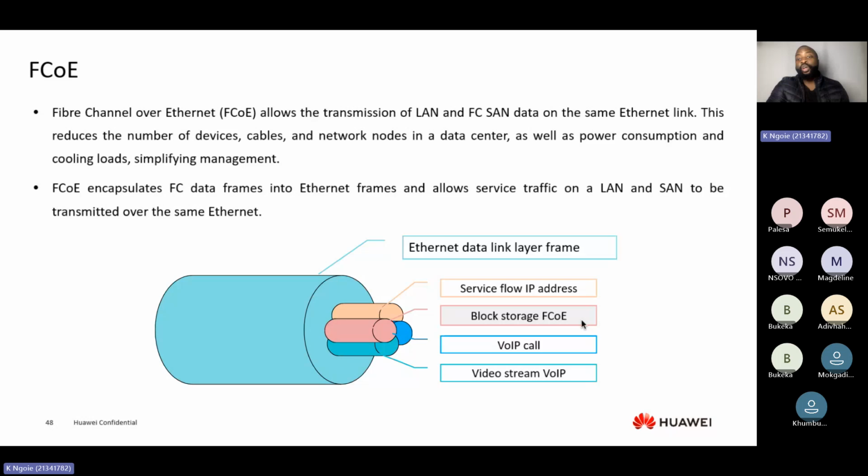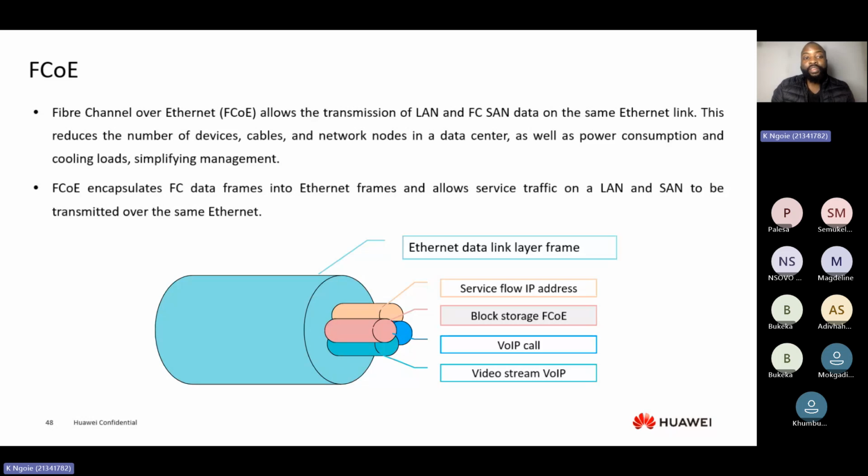Then you have the block storage, Fibre Channel over Ethernet. And then you have your service flow IP address. So you have these different functions, but everything works in one Ethernet link. One cable will help transfer data over different types of networks.